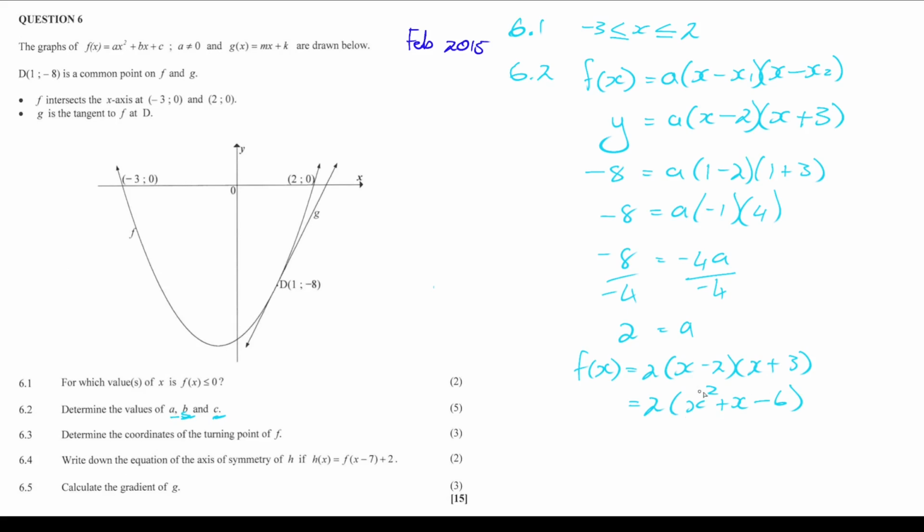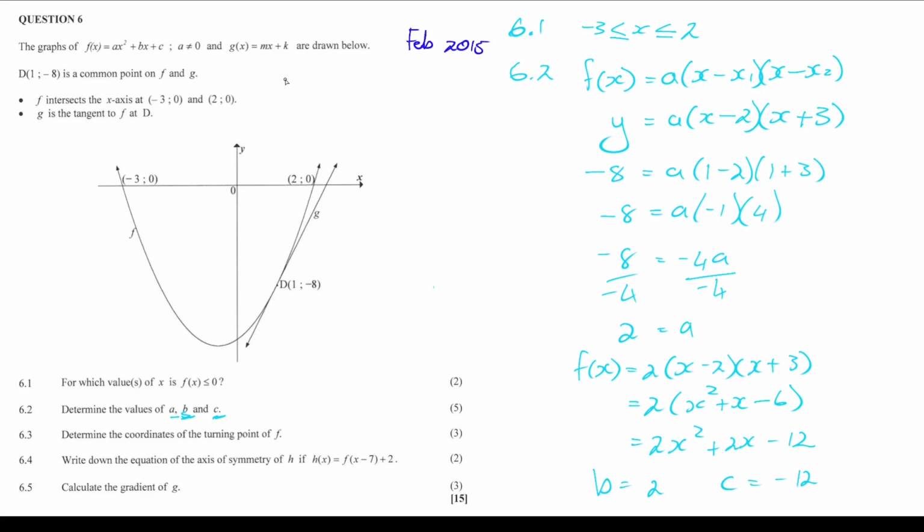Oh, this is so similar to the other example that we had. That was not on purpose, by the way. We end up with 2x squared plus 2x minus 12. So from there, we can just say, okay, a was 2, b also equals 2, and c equals -12.